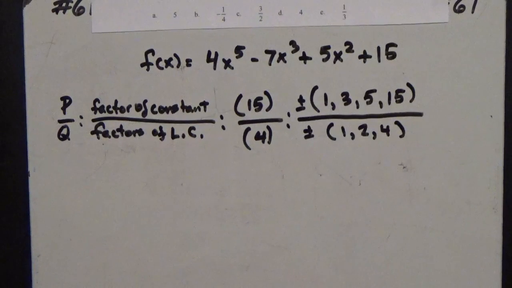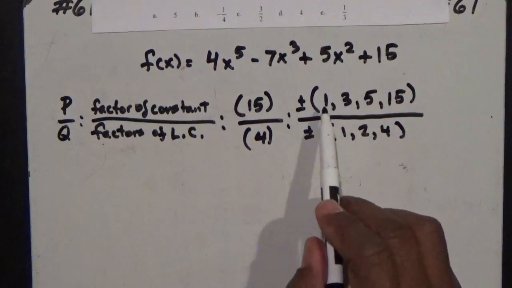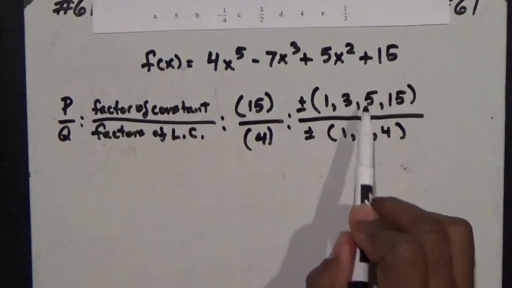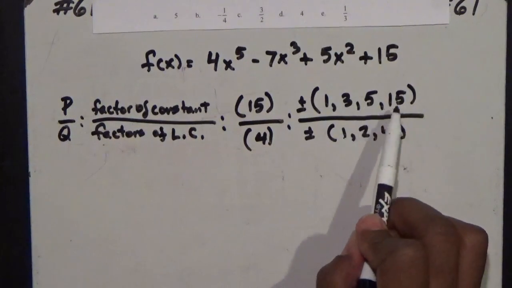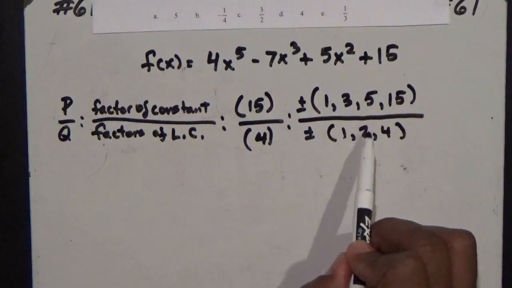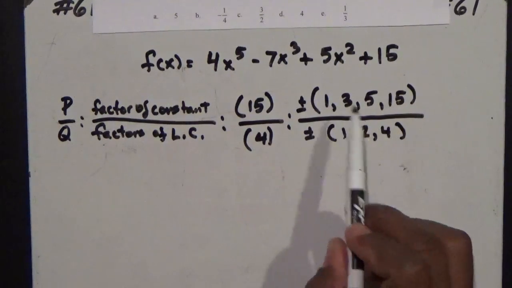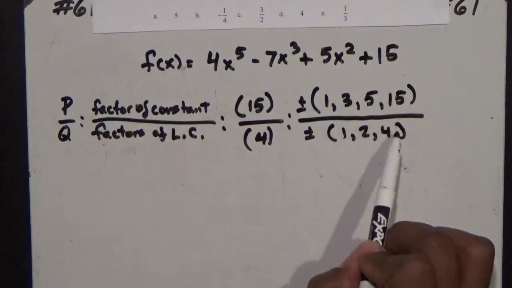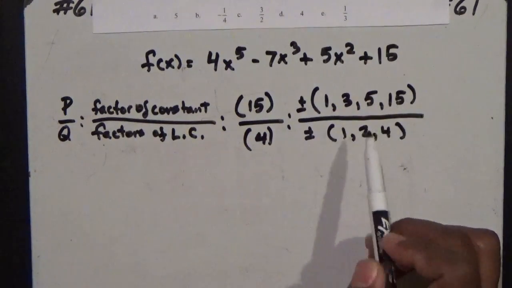If we were to list those, we're going to go 1 over 1, 3 over 1, 5 over 1, 15 over 1, 1 over 2, 3 over 2, 5 over 2, 15 over 2, 1 over 4, 3 over 4, 5 over 4, and 15 over 4.